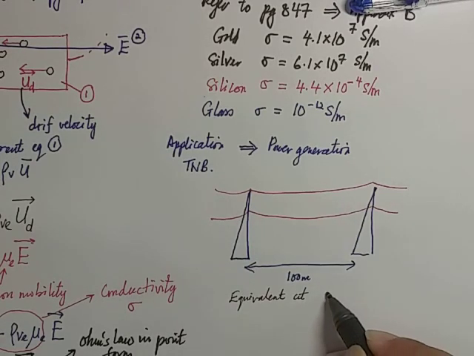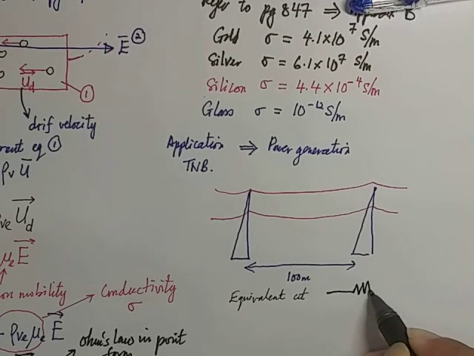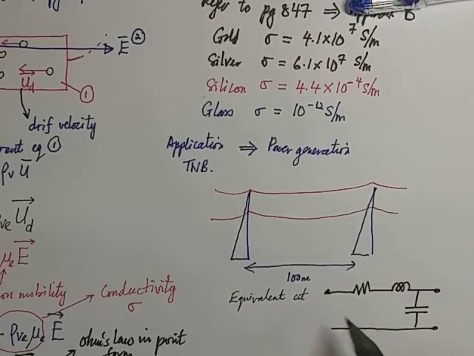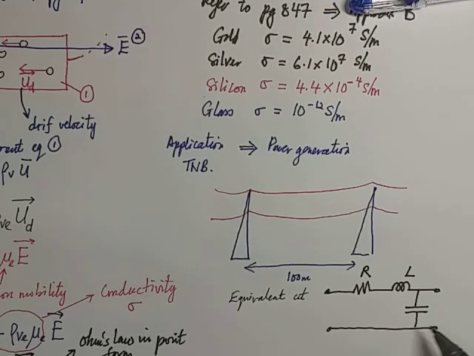It consists of one component, then another parameter, and then another parameter drawn like this. That is a typical equivalent circuit used to represent this structure. This is a per unit diagram, and we know this component is a resistor, this one is an inductor, and this last component is capacitance.